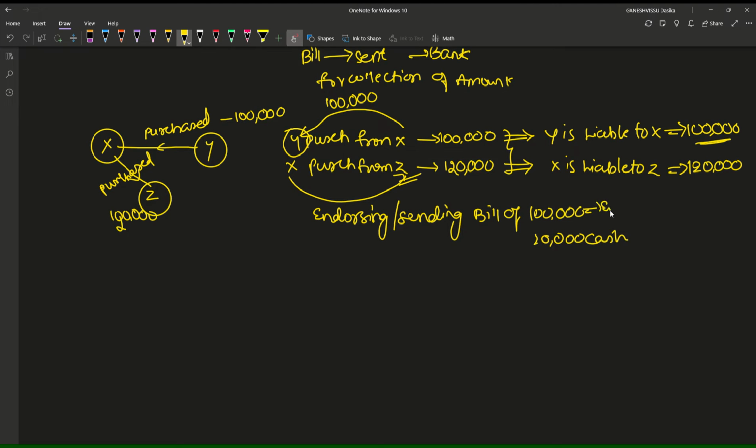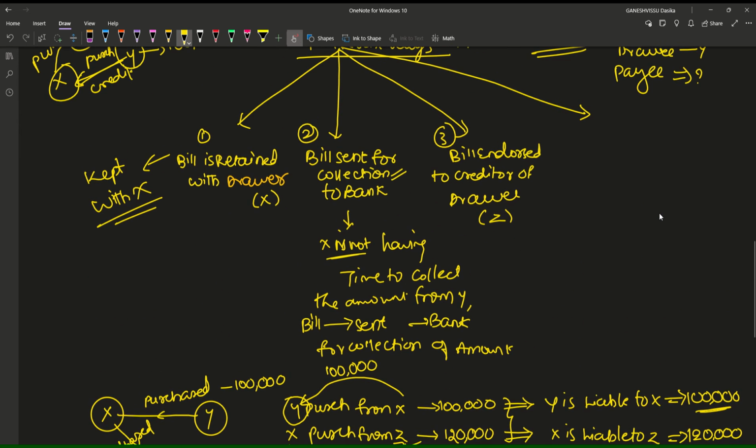This would be an endorsed bill, and we can see this later. This is a small piece of information about the endorser situation.